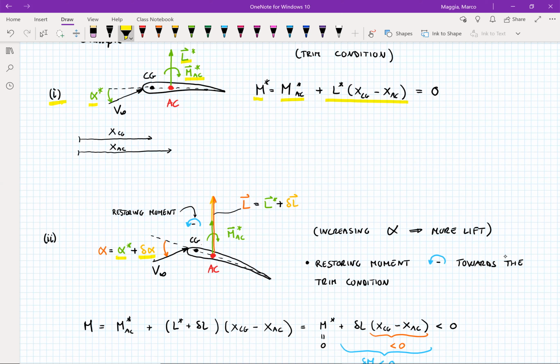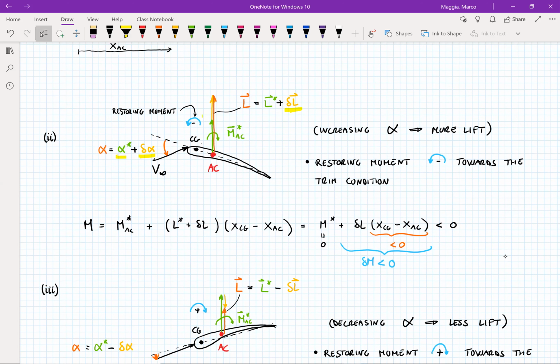By tilting the aircraft, so by increasing its angle of attack, the overall lift will increase by delta L. And since we are away from the trim condition, there's going to be a restoring moment, counterclockwise, which will force the nose down, towards the trim condition again.